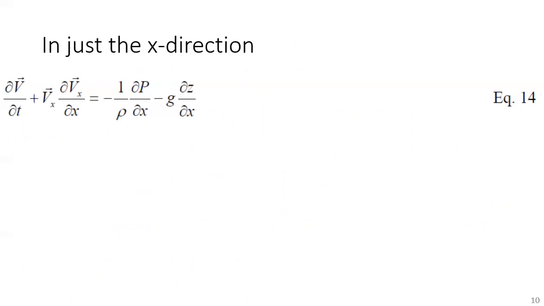And I know that dz/dx is 0, but I just want to keep this component in there. I could do this for any direction. I just chose the x. And on the left-hand side, we have the two components that came from the total derivative of the velocity vector. We have a local acceleration, or an unsteady component, and we have a convective acceleration component.